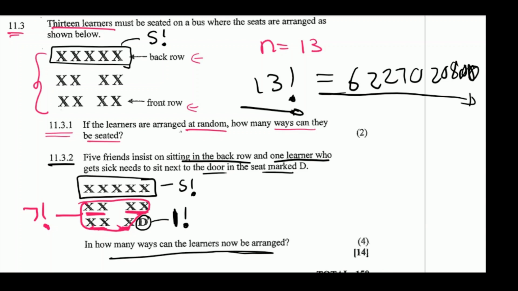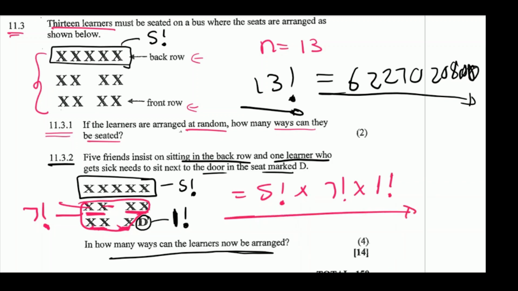One learner can sit on this seat, another on this one, any of these 7 seats. So to find the number of ways that these learners can be arranged, it's going to be 5 factorial, which is the learners that want to sit at the back row, multiplied by 7 factorial, which is the learners that will sit on all these 7 seats, and multiplied by 1 factorial, which is the learner that wants to sit next to the door.